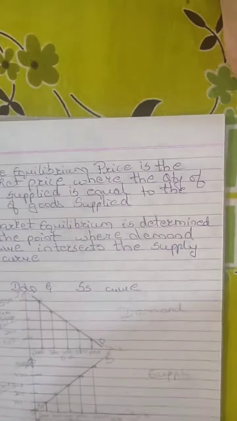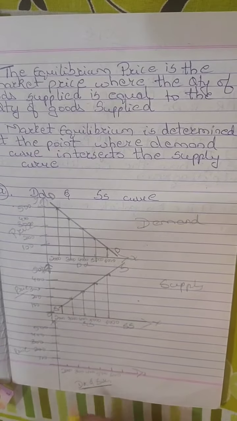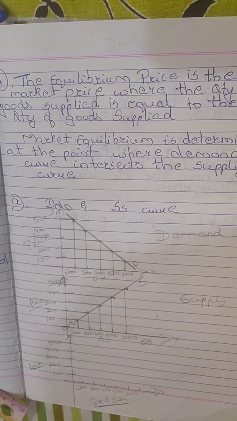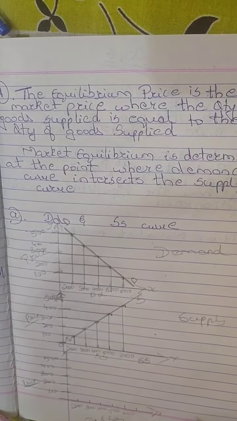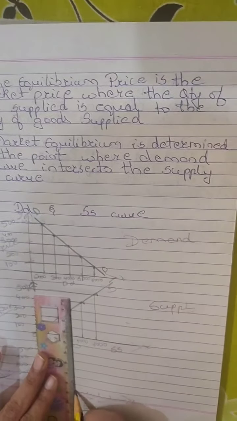Similarly, on the x-axis I have plotted demand and supply, and on the y-axis we have price. We know that at price 300 both our demand and supply are equal, which is 4000.